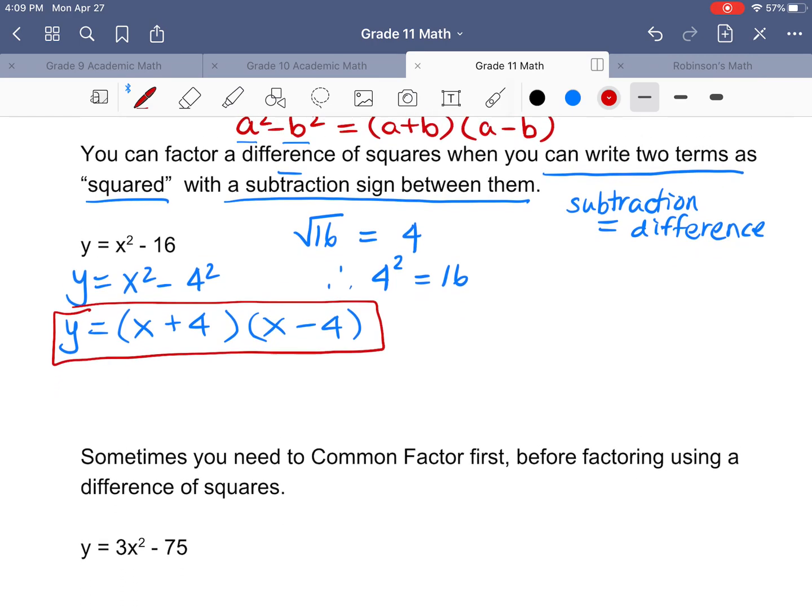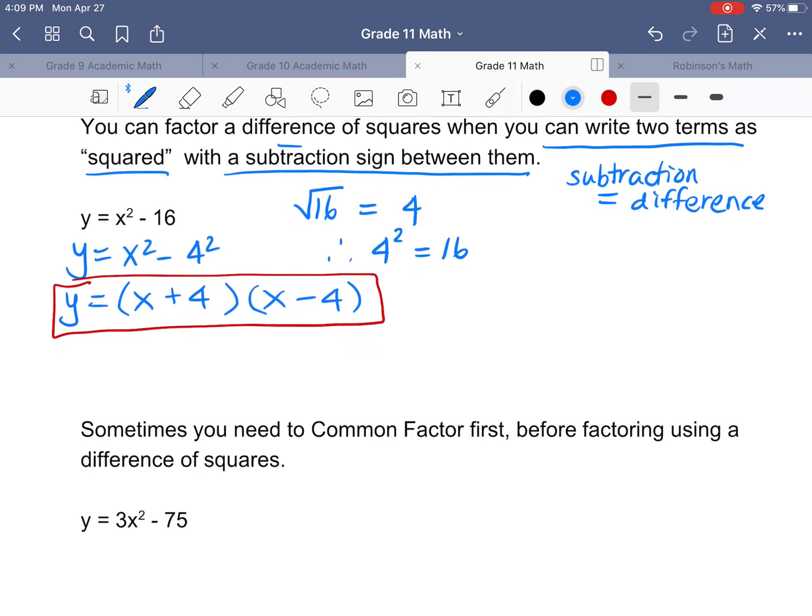Now, sometimes you do have to common factor first, before factoring using a difference of squares. So we're going to look at that case here. So we have y is equal to 3x squared minus 75. So when we're doing the common factoring, remember we are looking for our greatest common factor, the GCF.